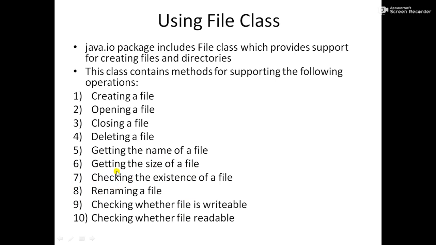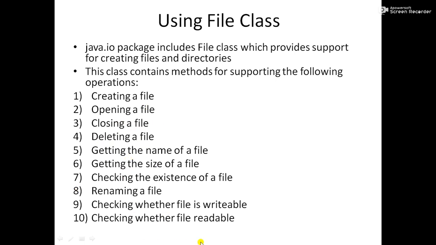Whenever we are renaming the file, it will again check the existence of the file. If a file with the same name is available, then we cannot save the file in the same name in one package. So this is also a required thing. Suppose I am deleting the file, then I should first check the existence, and the size and the name of that file, whether it is available in the directory or not.